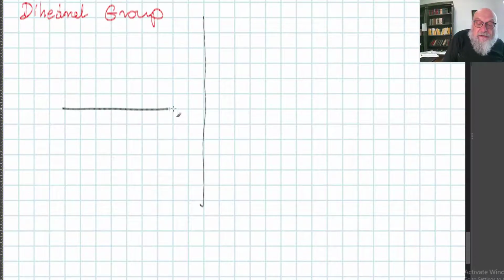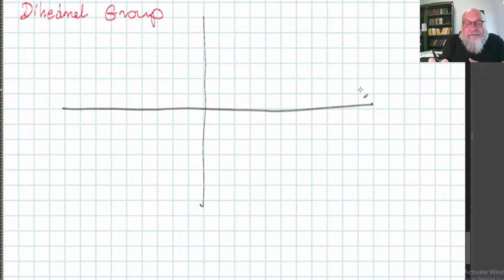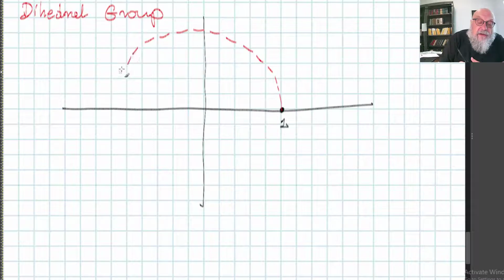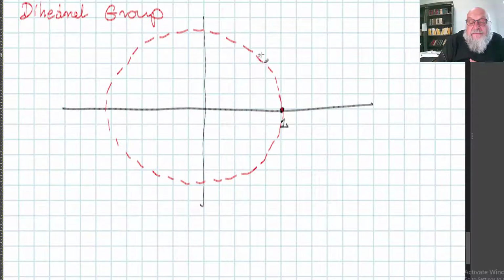What we will do is simply define the regular n-gon on the plane to be in such a position that 1 is one of the vertices. So we have here the unit circle, and we inscribe in this unit circle a regular n-gon, let's say 8. So we have here an n-gon.